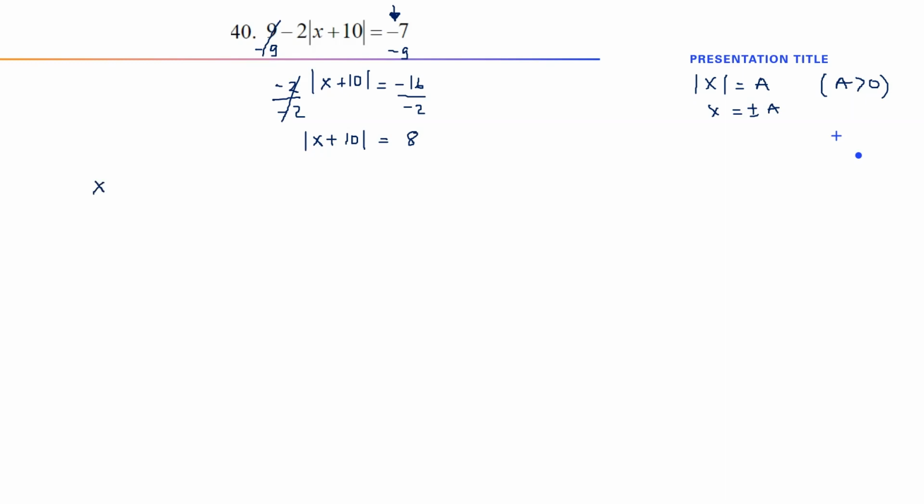So we set up x plus 10 equals 8, or x plus 10 equals negative 8. Minus 10 both sides, x equals negative 2. Minus 10 both sides, x equals negative 18. Checking.